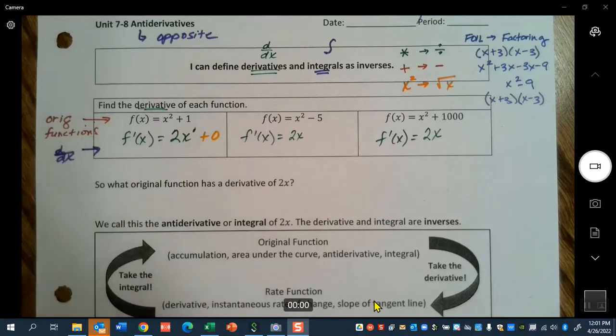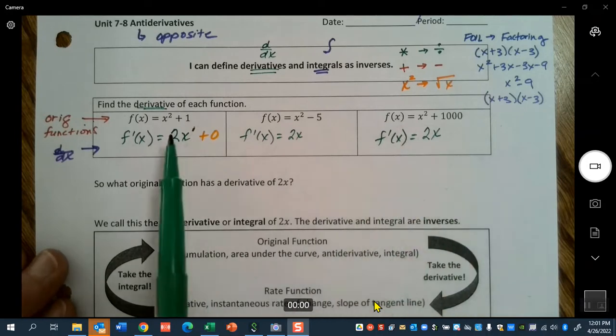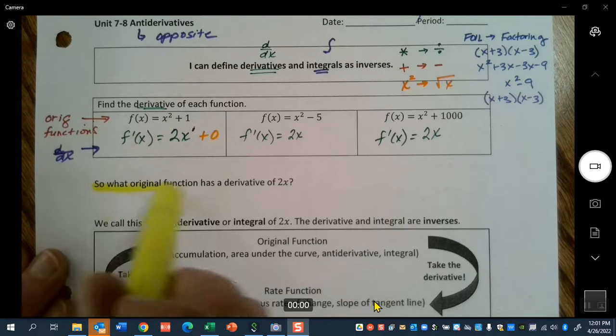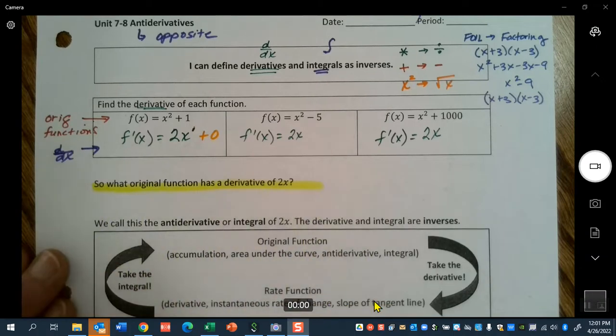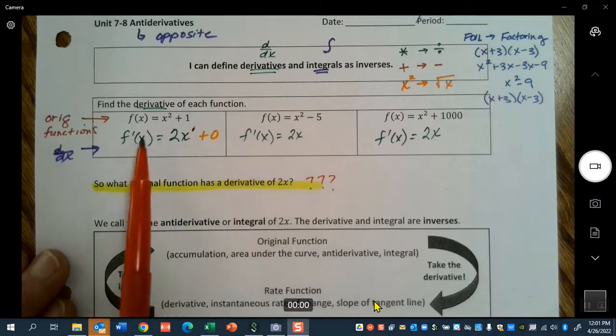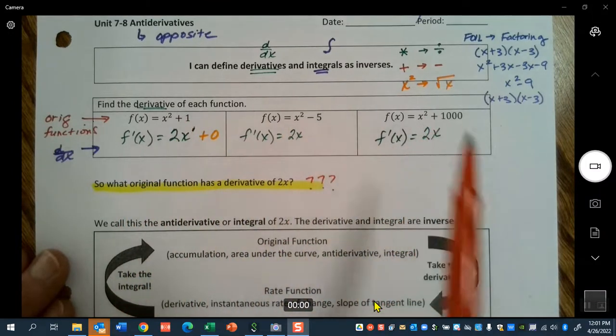But the interesting thing is the original functions are not the same, but the derivatives are. So if you were to ask me which original function has a derivative of 2x, I couldn't pick one of them because they all have that same derivative, but they are not the same function.